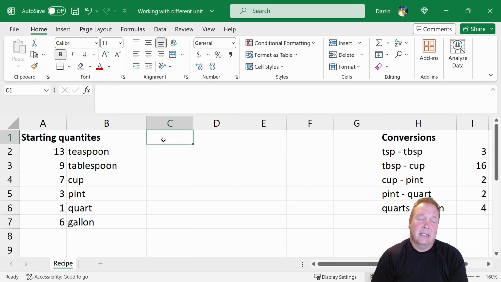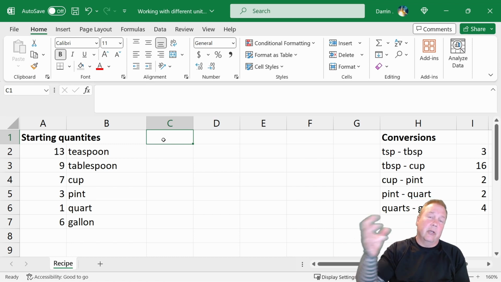So how do we go about doing this? Well, the first thing you have to do is get everything into the same unit. It doesn't matter what unit you pick, really. It just all has to be the same unit. Personally, I'm human, you might have guessed that, and most humans like me tend to do better thinking in whole numbers.